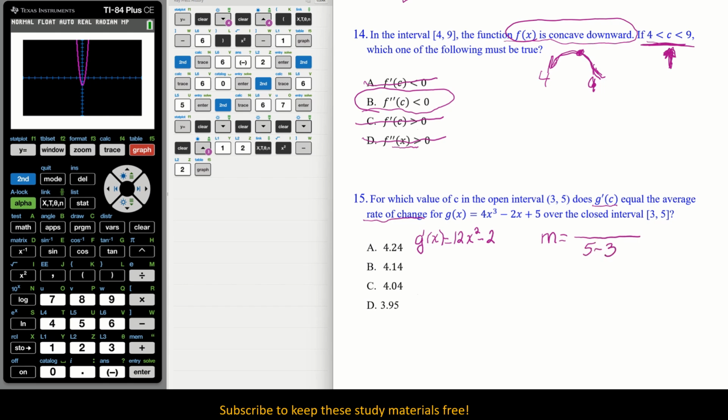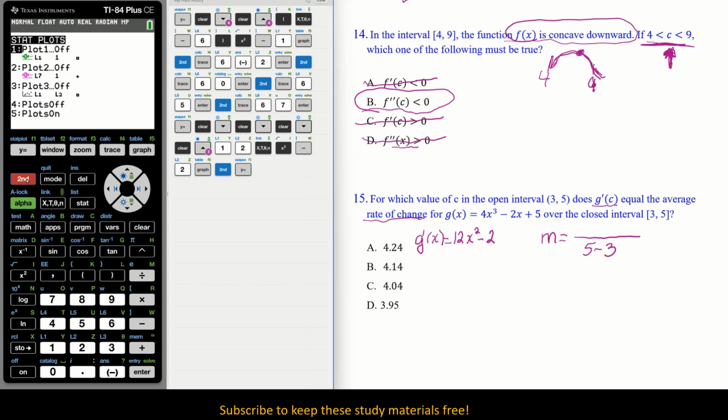Oh, we will need the original equation, so let's put him in y2. Let's turn him on, and it'll be an orange color. There's kind of a reason why I wanted to do him second. You'll see in a minute.